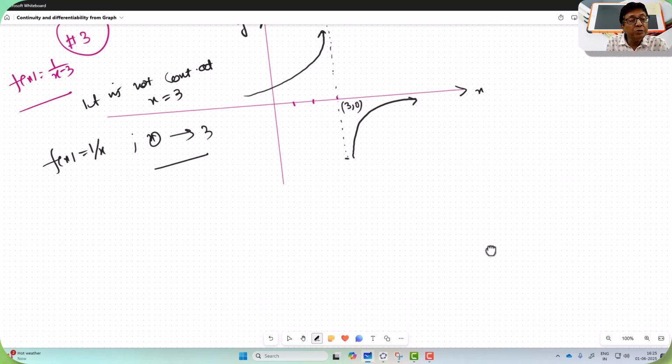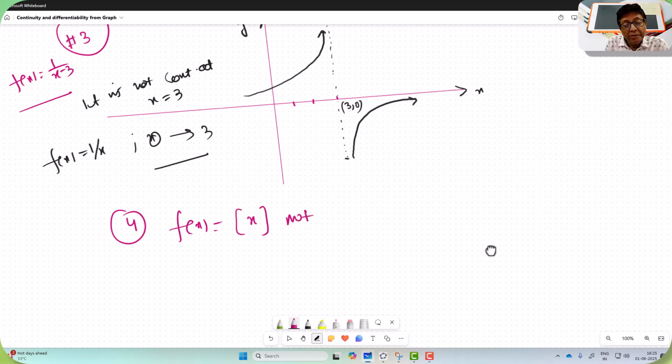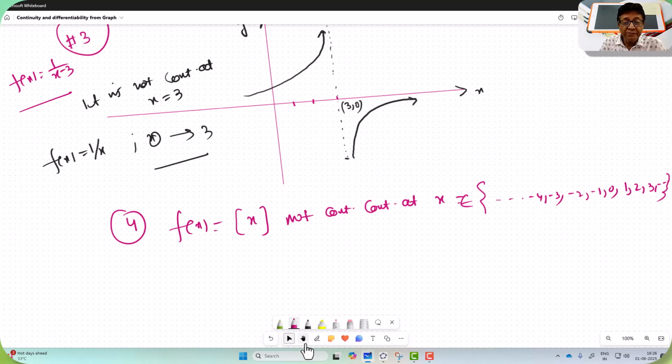The function f(x) equal to the greatest integer of x is not continuous at the integral points, that is, in this interval, x belongs to this interval, -4, -3, -2, -1, 0, 1, 2, 3, like this. Because the graph of the function is not continuous at those integral points.